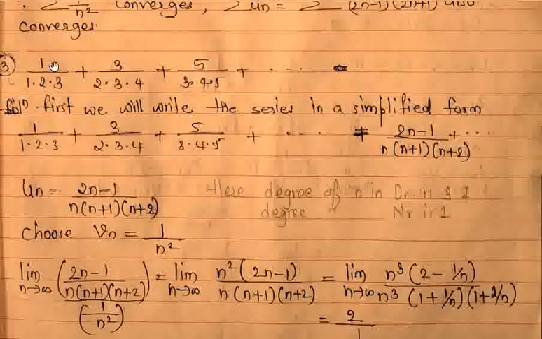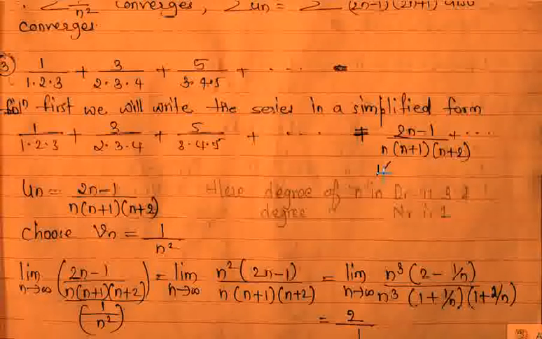Next example, 1 divided by 1 times 2 times 3. First we write the series in a simplified form. The numerator is going to be 2 times n minus 1, so 2 times 1 is 2 minus 1, which is 1, then 2 times 2 is 4 minus 1, which is 3, etc. Then in the denominator you're going to have 1, then 1 plus 1, which is 2, then 1 plus 2, which is 3.